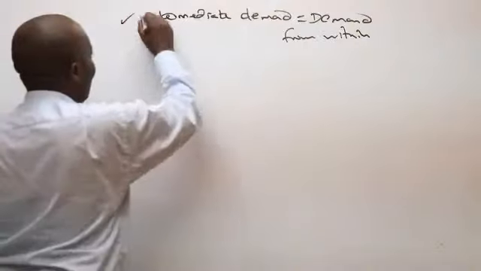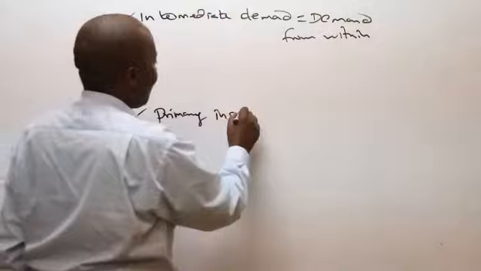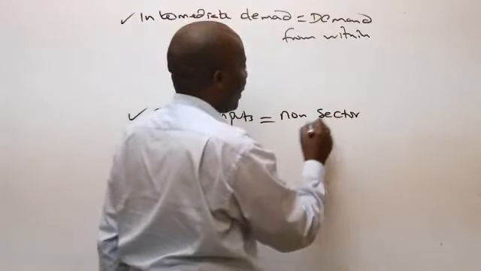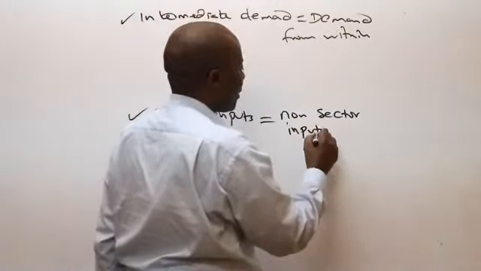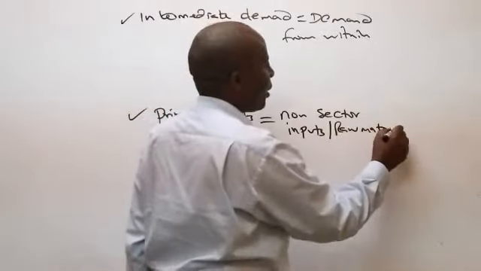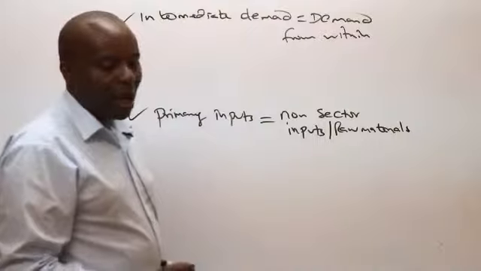And then we have the last one. If you check your past papers, you'll be able to see these definitions. The primary inputs. The primary inputs, these are non-sector inputs, non-sector raw materials. Those raw materials that can never be provided by any sector.